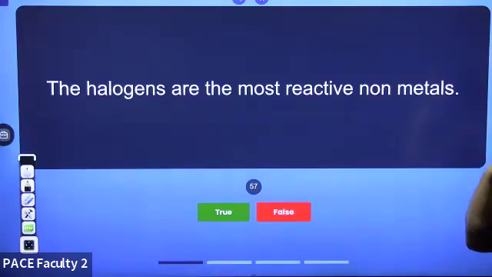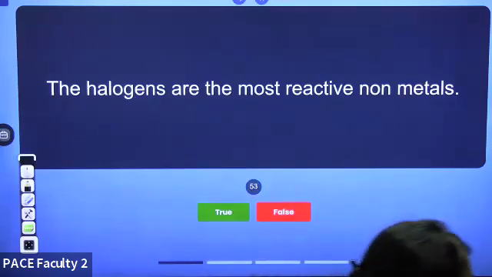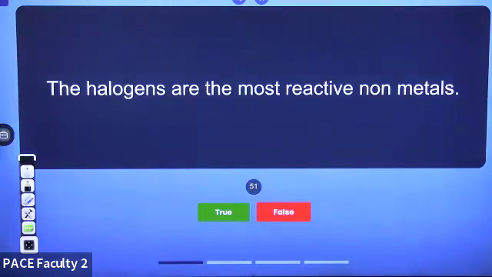Next: halogens are the most reactive non-metals. True or false? Is this statement true?